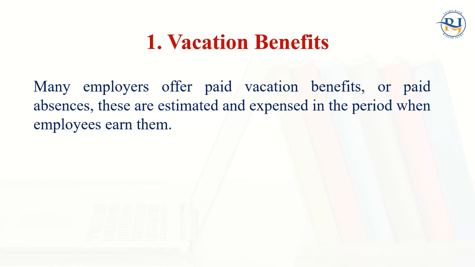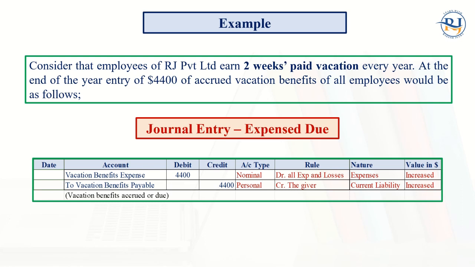The first one is the vacation benefits. Many employers in most of the companies offer paid vacation benefits or paid absences. So these are estimated and expensed in the period when employees earn them. For example, consider that the employees of the RJ Private Limited earn 2 week paid vacation every year.